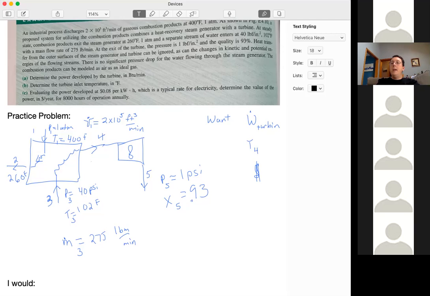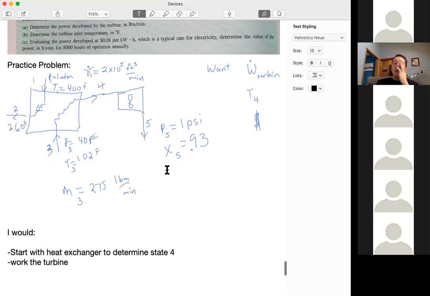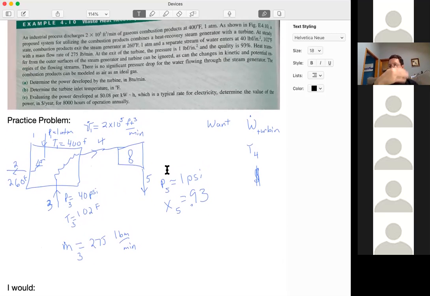Is there going to be any heat? I know it's a heat exchanger, but is there any heat lost into the room in this device? Also no. How do you know that? Well, one, it's a standard assumption, and two, they didn't give me any numbers, so there's no way I could even estimate it. The fluids pass energy between them, but that's all inside the control volume. So you don't have to worry about heat radiating into the room.